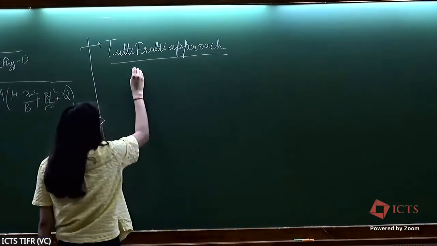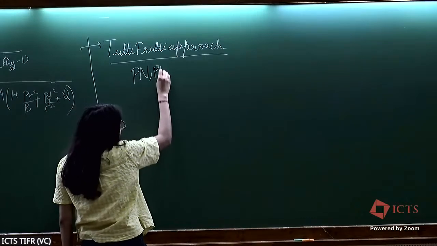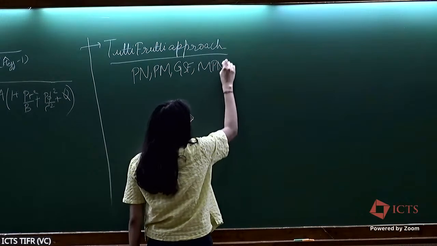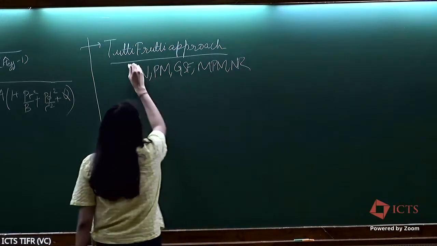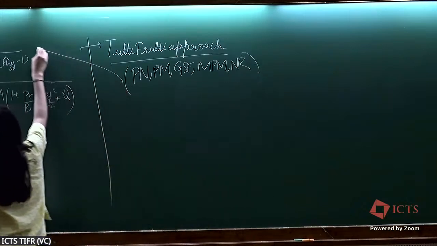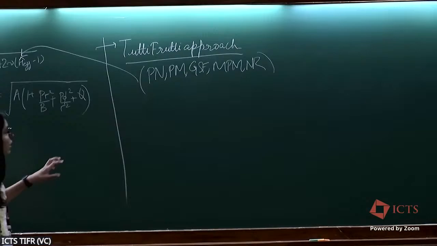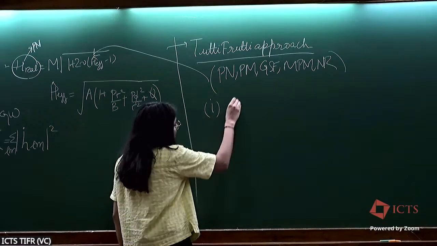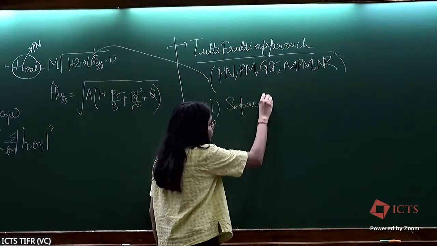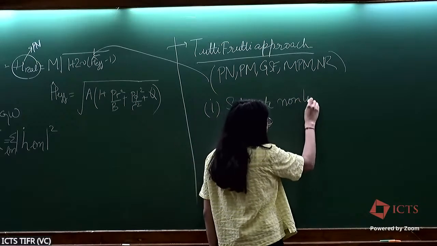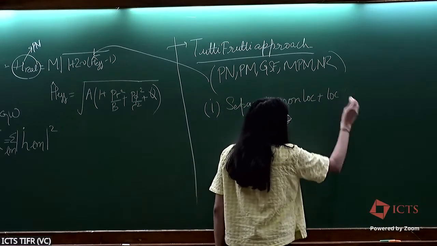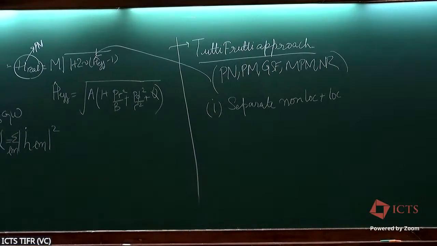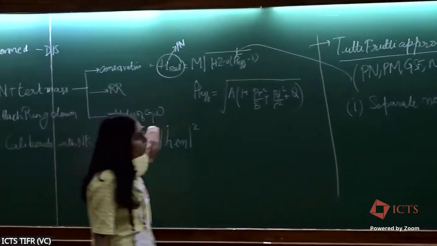This was basically taking the information from PN, PM, gravitational self-force, multipolar post-Minkowskian, and numerical relativity simulations to obtain something here in the H hat effective. Then we said there are 3 steps of doing the tutti frutti approach. The first was to separate the local piece from the non-local piece, because the computations become complex starting from 4PN, due to a conceptual shift, which was the addition of tail.